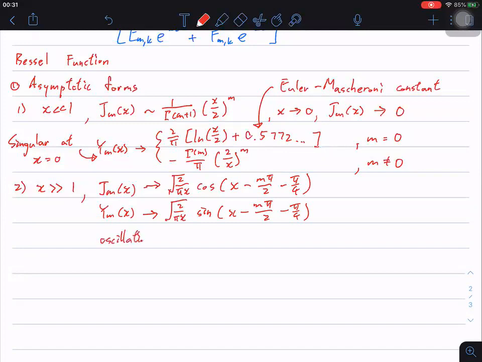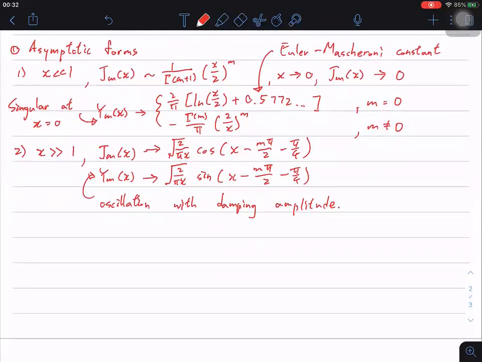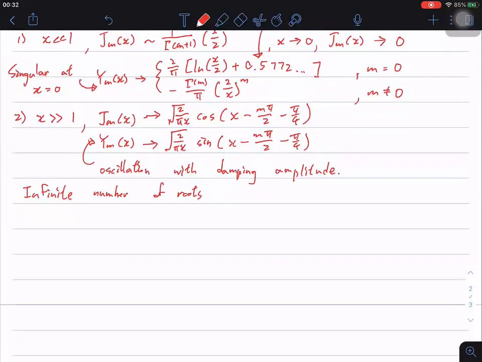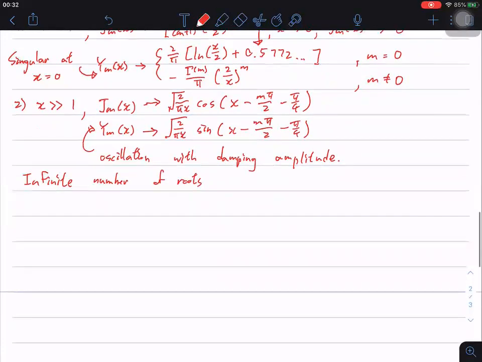So what does it tell us? That means that for Bessel function, we have an infinite number of roots, because eventually the tail of the Bessel function behaves like sine or cosine. You know that sine or cosine have an infinite number of roots. So from that, we know that Bessel function also has an infinite number of roots.